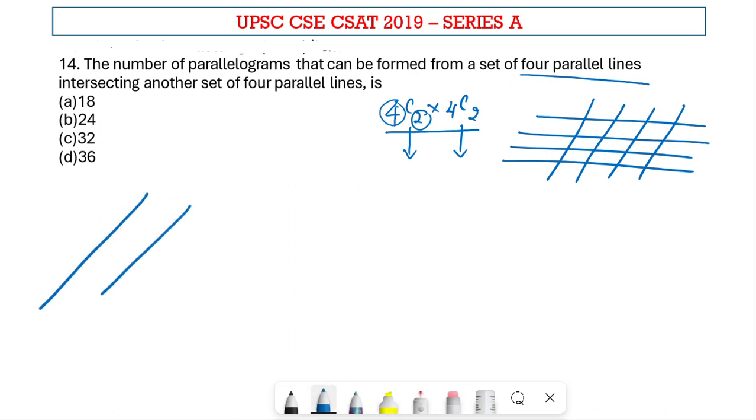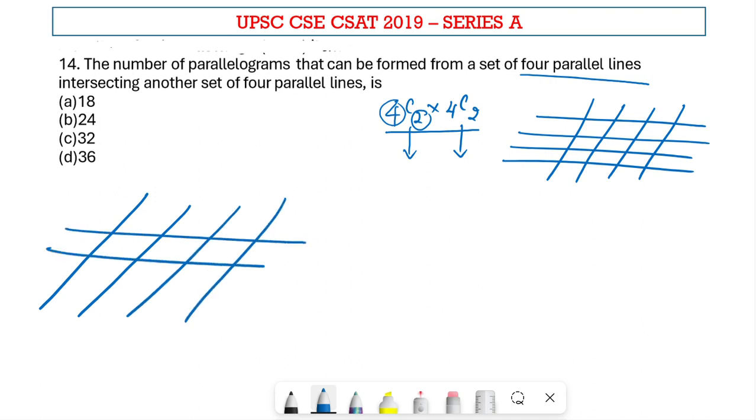So now let's say I'm giving you 4 and 3 here. So how will you solve this? You would take 4C2, because I can choose any two, either these two or these two or these two or these two. So many possibilities. So I'm taking a combination that can be combined with any of these three, right?